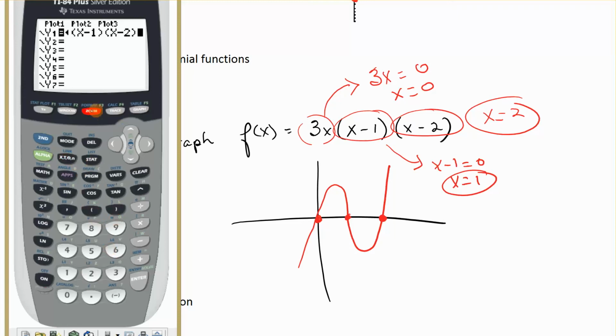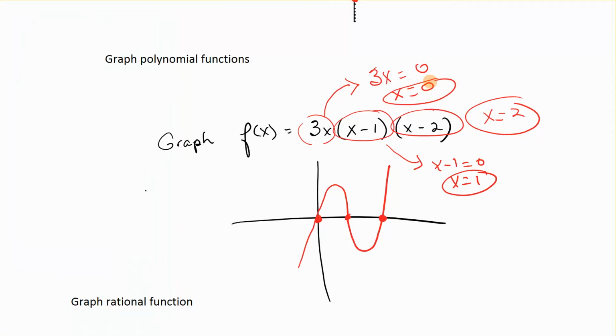Then we hit zoom 6, which is a typical window. So you can see that this is going up through 0, turning, and doing that. So you'd know where the x-intercepts are, and you would know the shape of the graph if you had to pick it.